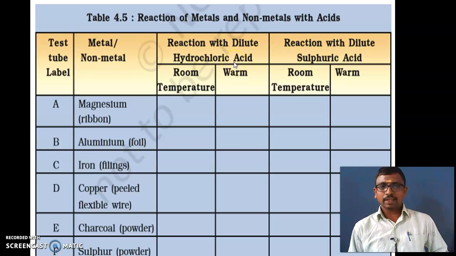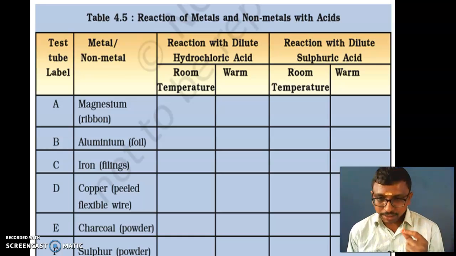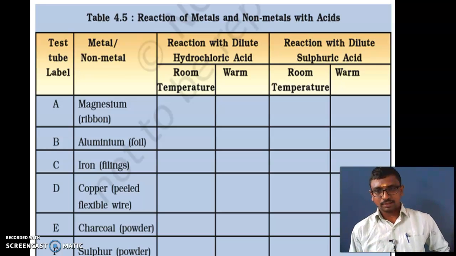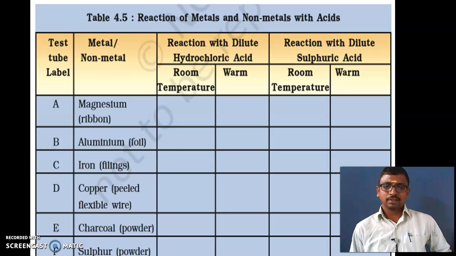When we take different test tubes, in the first test tube we take the magnesium ribbon. When we add dilute hydrochloric acid at room temperature, what will happen? It will form magnesium chloride and hydrogen gas is liberated. How can we identify that hydrogen gas is liberated?